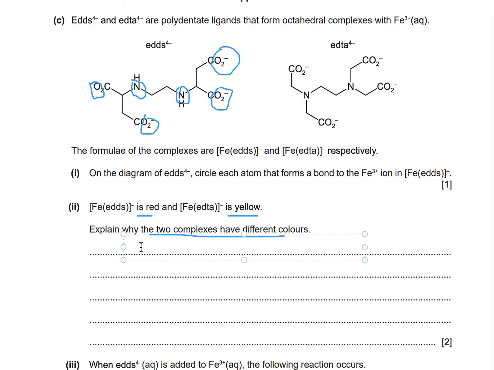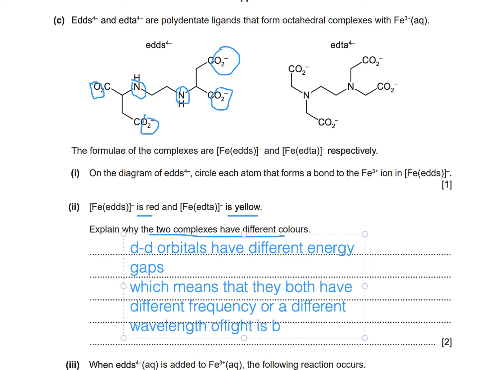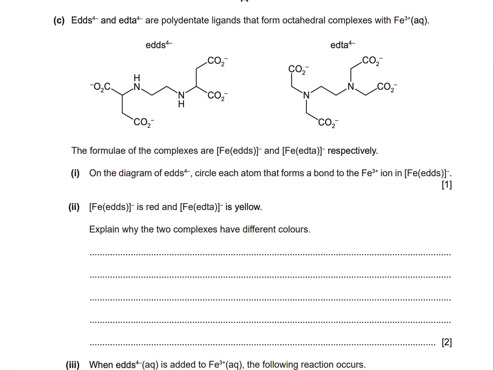Basically the reason is that the d orbitals have different energy gaps, which means that a different frequency or a different wavelength of light is being absorbed. Okay, so that's the reason why.